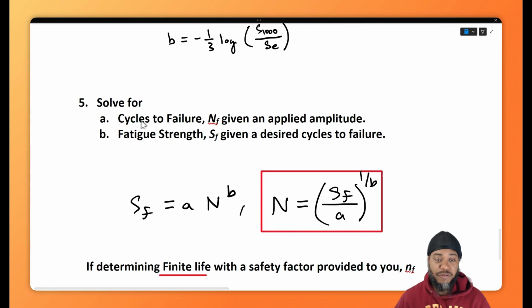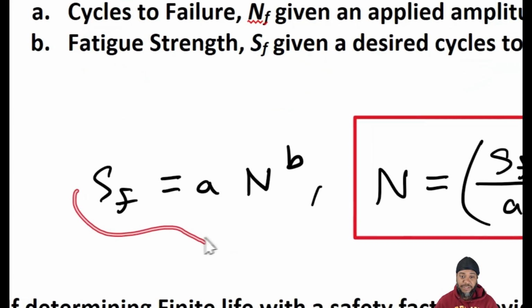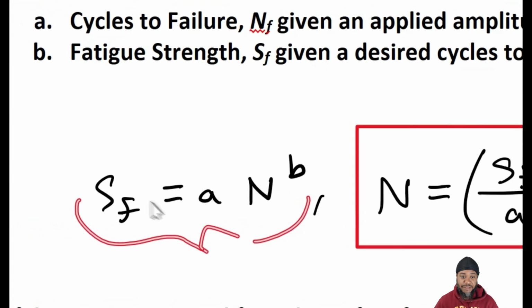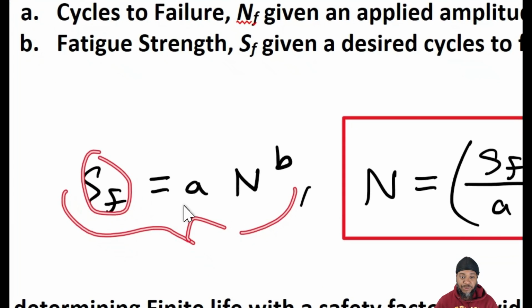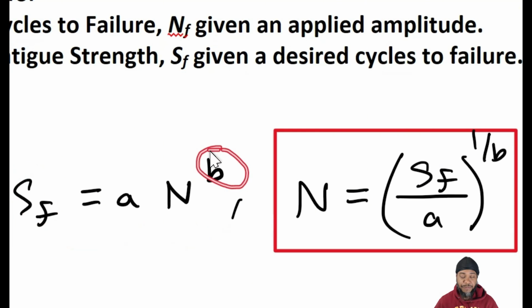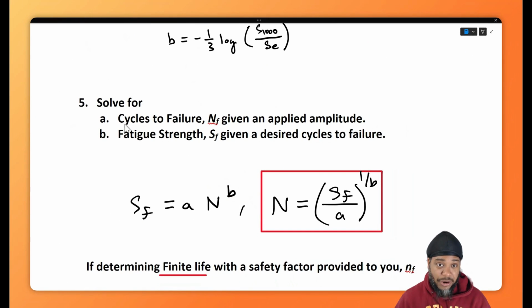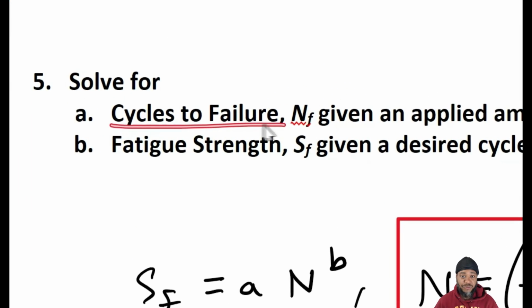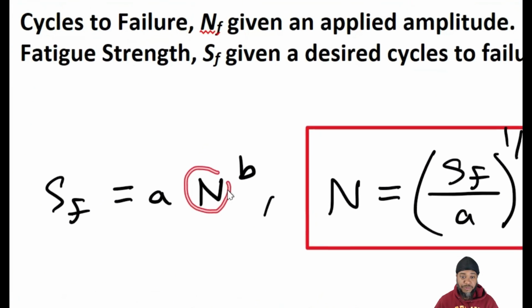Now, all we've got to do is start to try to solve our problem. In order to solve a problem, there's different ways we can go about it. The basics of Basquin's equation is that the stress amplitude is equal to the A constant times the cycles to failure to the power B. So say we are given a cycles to failure. Say we know the cycles to failure.